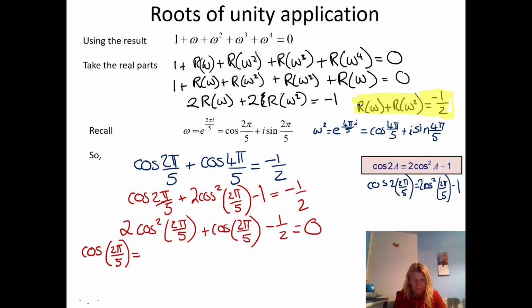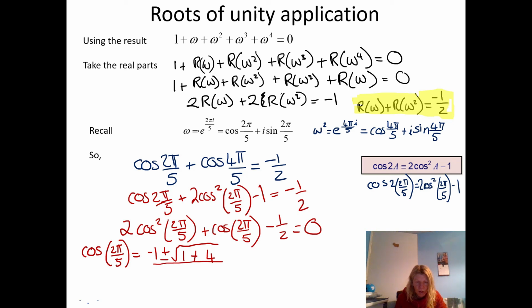Anyway, so minus b, so that's minus 1, plus or minus square root of b squared, 1, minus 4ac, we've got a minus there, haven't we? Minus 4ac, 4 times 2 times a half, so it's going to be plus. So 4 times 2 times a half is 4, isn't it? I think I'm right. Over 2a.